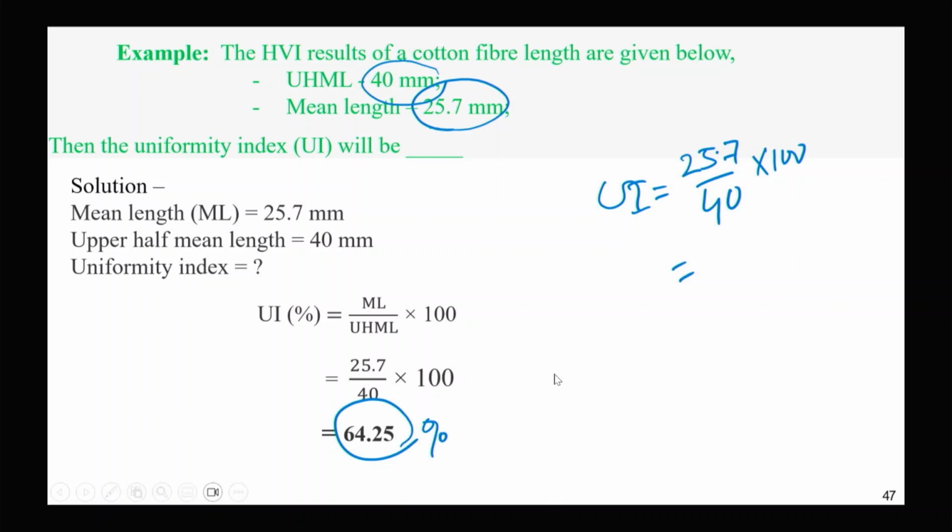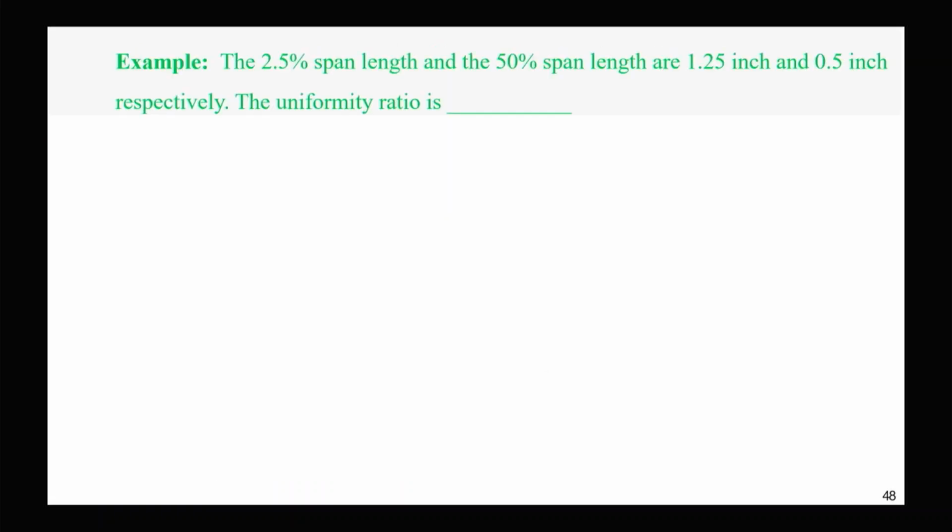Next, the 2.5% span length and 50% span length are given, so the uniformity ratio has to be calculated. The 50% span length 0.5 inch divided by the 2.5% span length 1.25, multiplied by 100.